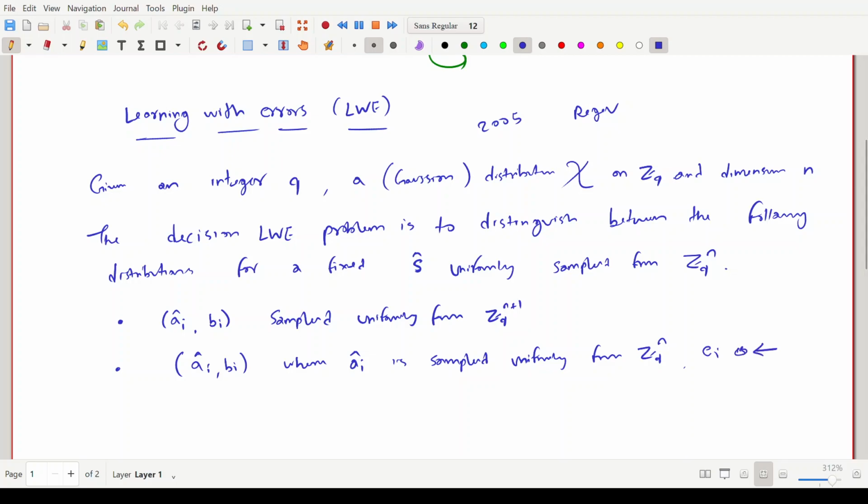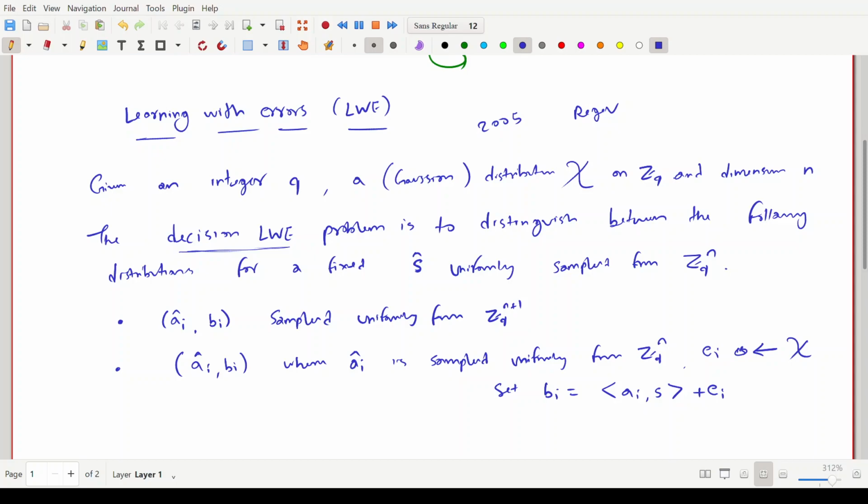I'll just write here sample from distribution. This is the notation you are taking. And set bi equal to the inner product of ai comma s plus ei. So this is the decision LWE.